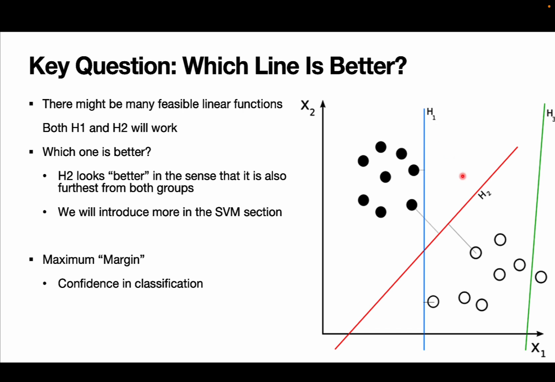But between H1 and H2, both of them correctly classified the data, but we need to pick the model that has better margins. H1 seems like it barely classified those 2 points correctly, whereas H2 comfortably separated the data sets. So we need to look at these margins and try to maximize the margin value for the classifier.